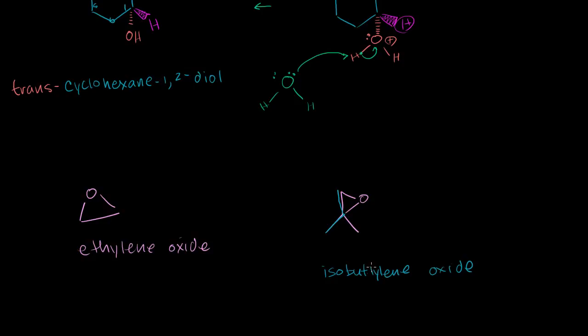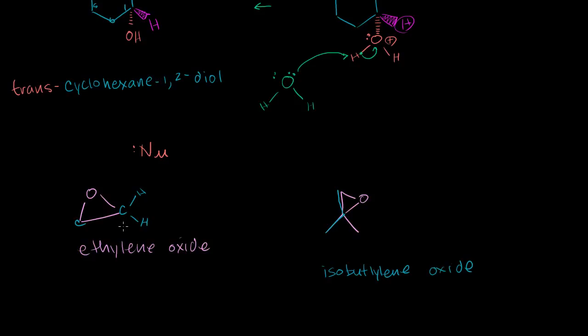Now let's think about the different reactions that might occur if we have a nucleophile in either situation. Over here, for the ethylene oxide, either of these carbons are primary carbons. If you have a carbon right here, let me draw all of its bonds. It's bonded to one other carbon, a hydrogen, and another hydrogen.